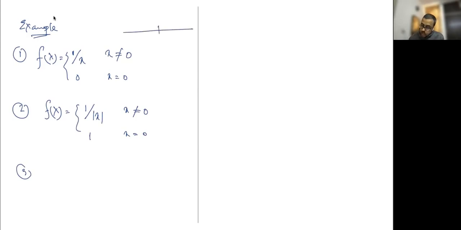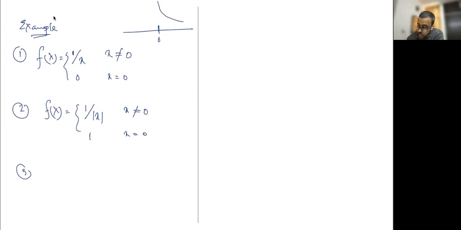So you'll be interested in what happens at the point 0. How does the function f behave near 0? From the right, if you approach 0, what is the right hand limit as x goes to 0? So the limit of f(x) as x goes to 0 from the right is plus infinity, right?